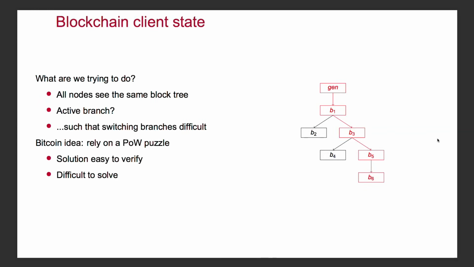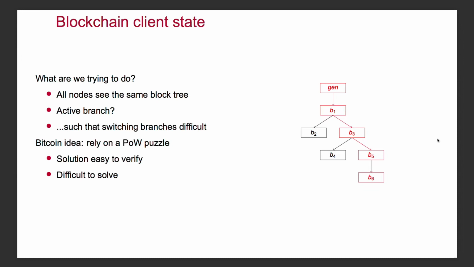Yeah, so really a lot of the Bitcoin paper motivation is how to defend from the double spend attack, how to really control switching branches in this block tree. And to come up with a solution to that, the Bitcoin paper proposes to use the proof of work puzzle.